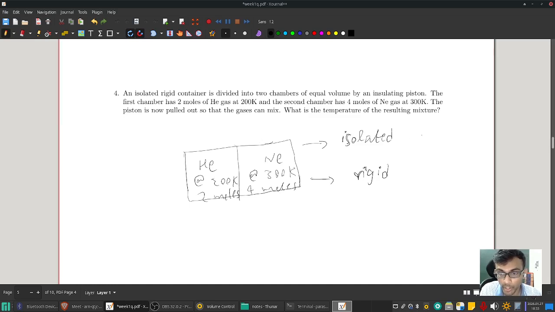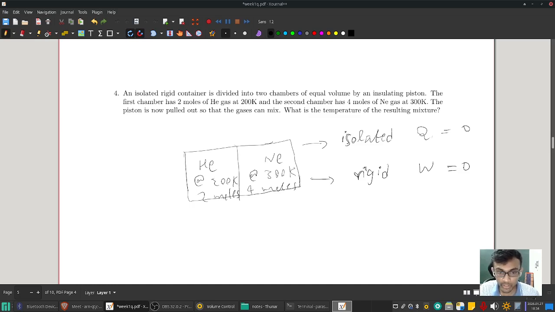So this first point, isolated, means that Q total for the full system is 0, and rigid implies that they cannot do any work. So the work done by any of the gases, or the mixture, is 0.